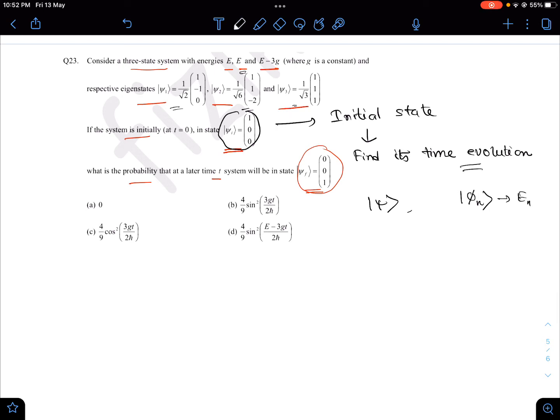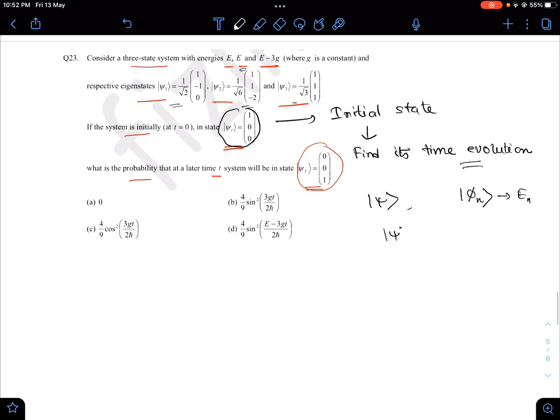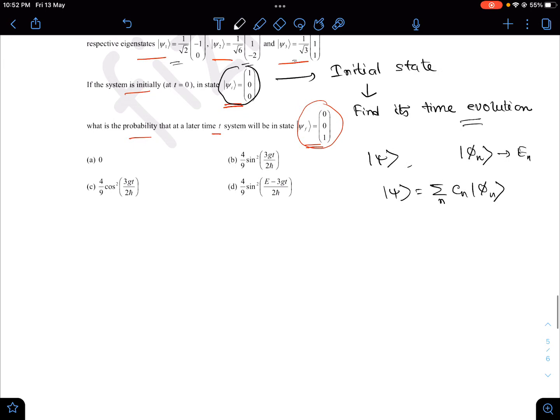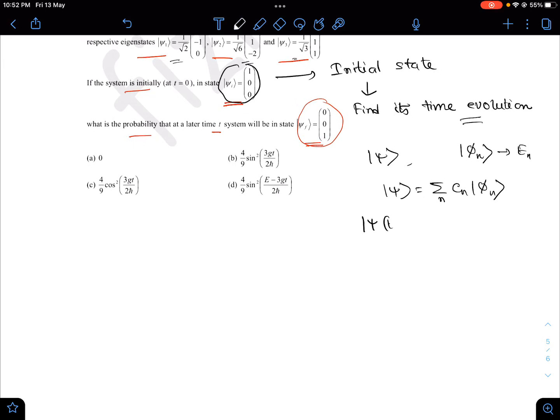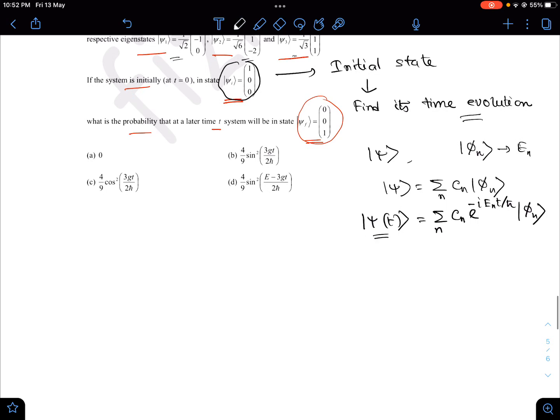If we can express psi as the sum of Cn phi n, then psi at a later time can be written as the sum of Cn e to the power minus i En t by h cut, times phi n. In this way we can find the time evolution of any state.